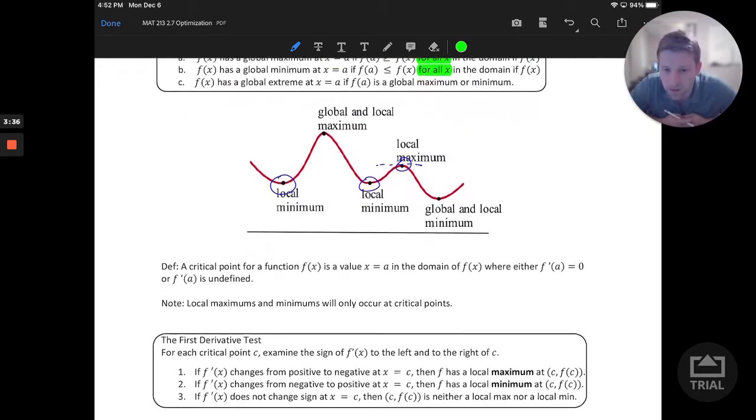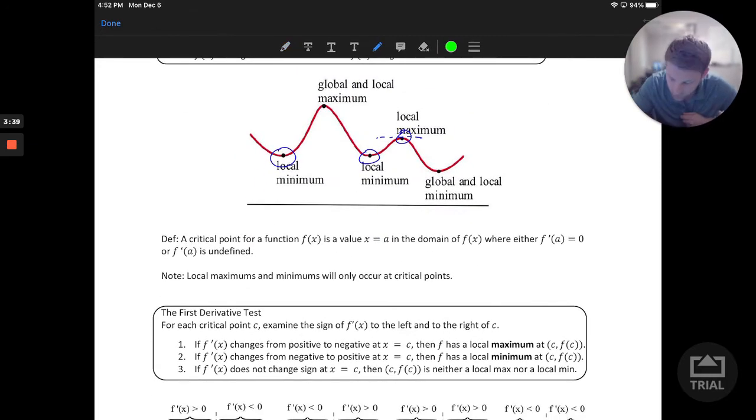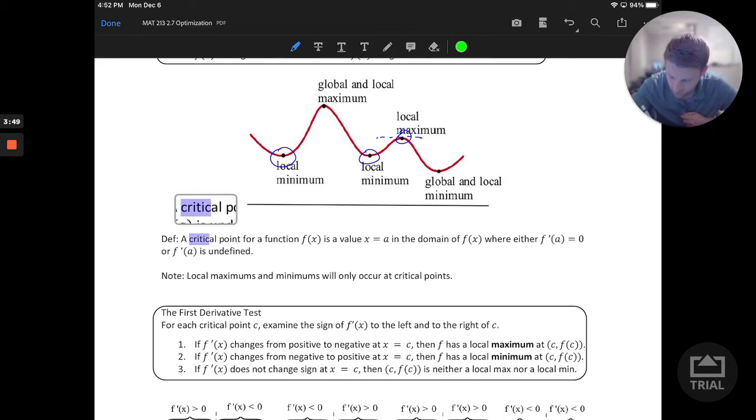A couple things on those values again is the idea of a critical point. The concept of a critical point, we reiterated, I believe, last class or last video, and we said that a critical point for a function f of x is a value x equals a, at least in the domain of f of x, where either the derivative f prime of a is equal to 0, so that would be the 0 tangent line, or f prime of a is undefined.